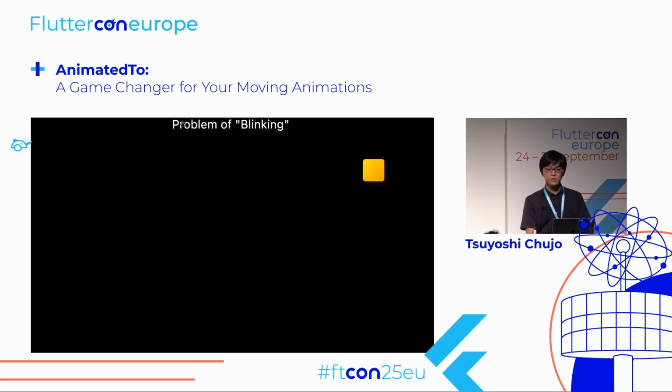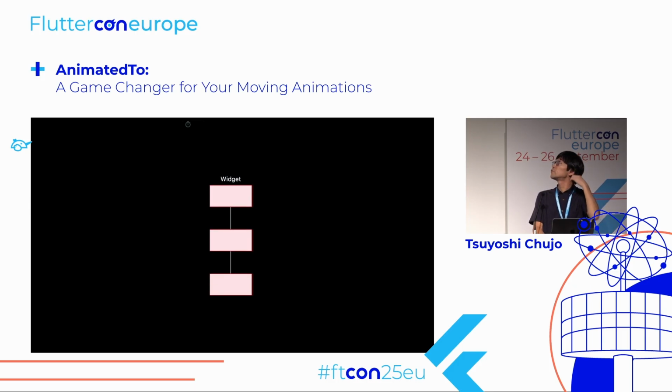But if we think of doing that, we have one problem. It's blinking when starting animations. Why does this happen? I will show you the problem of the strategy to animate from position A to position B using explicit animation.